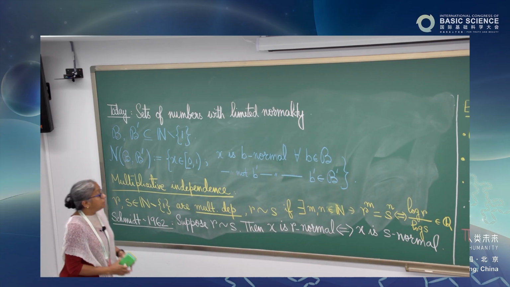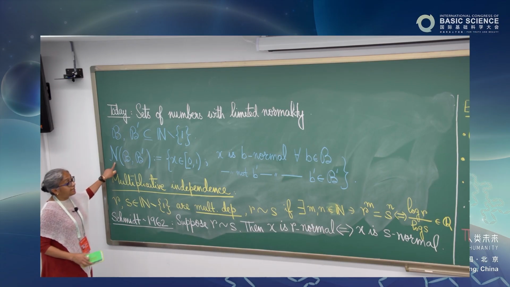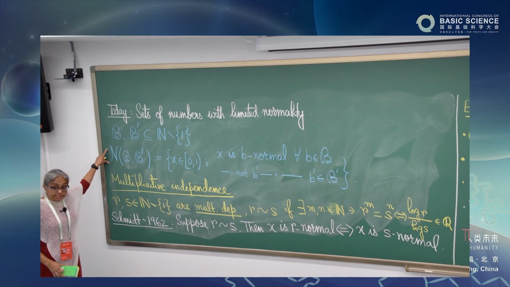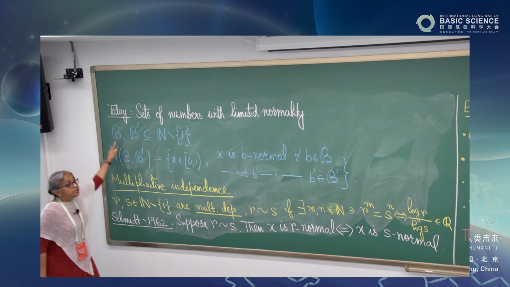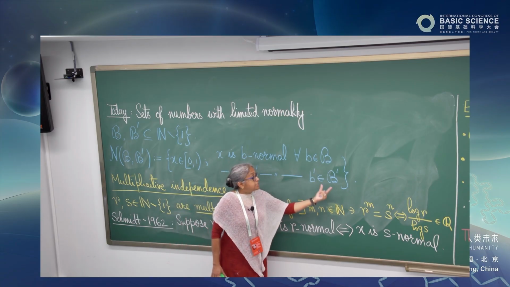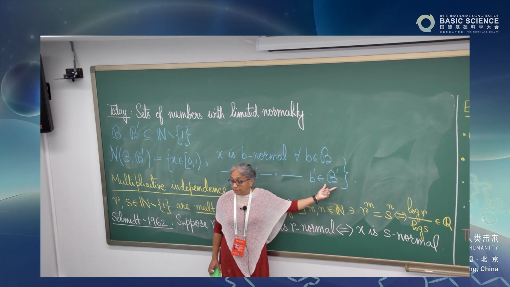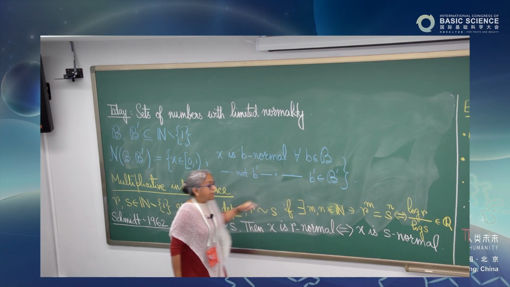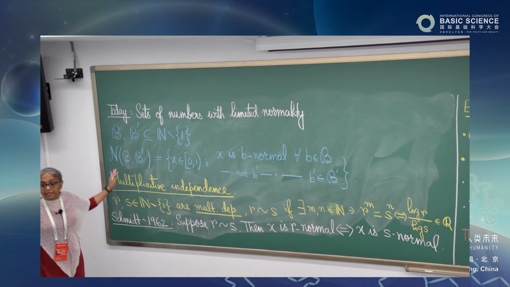Which means now we have a little bit more to say: if we want this to be non-empty, then every element in script B better be multiplicatively independent of every element in script B prime, otherwise it would give this to be an empty set.